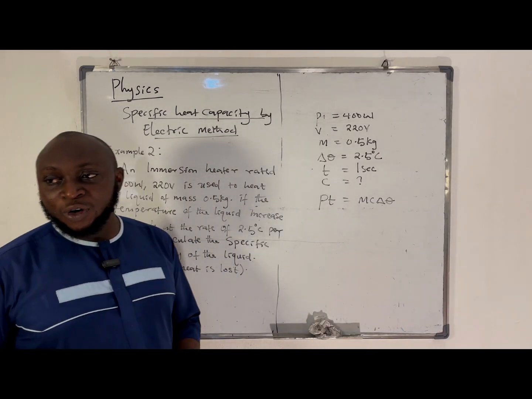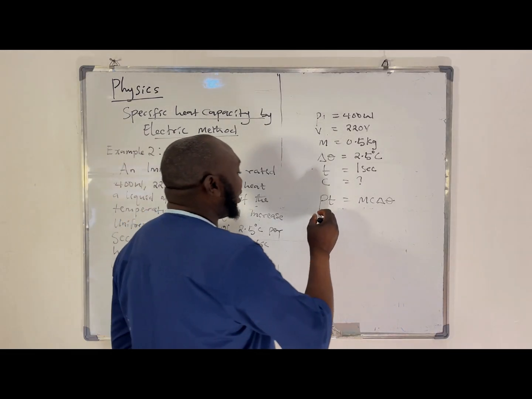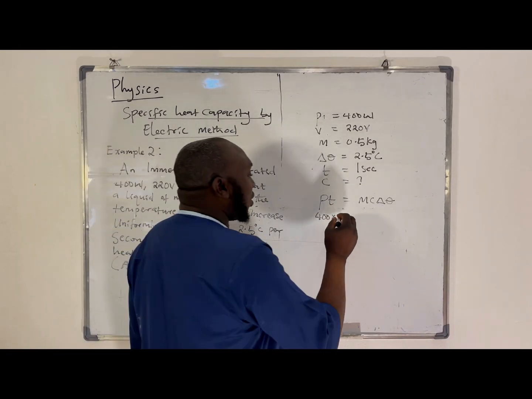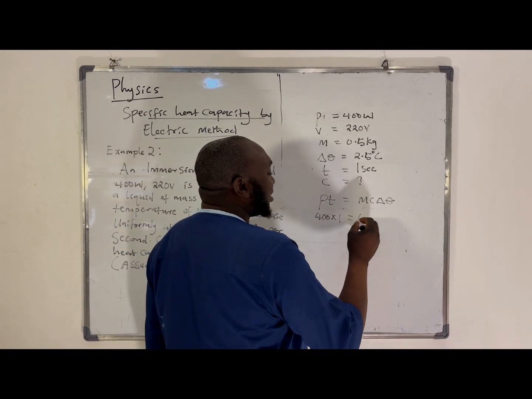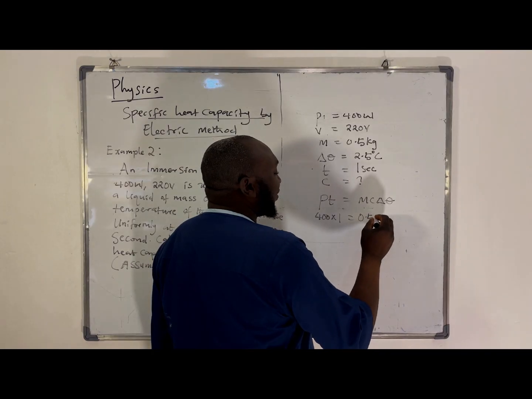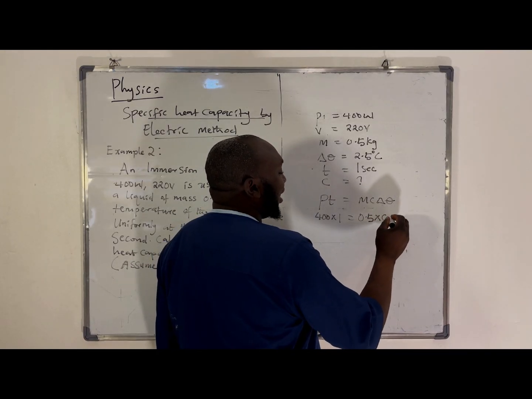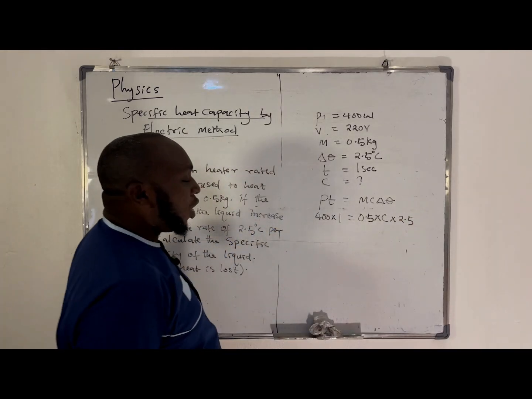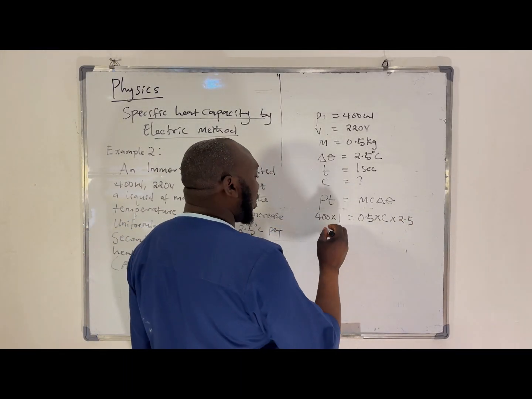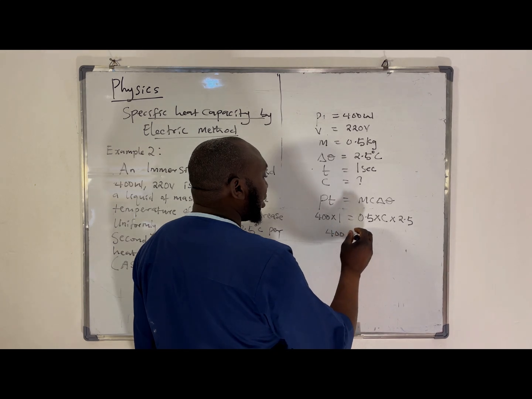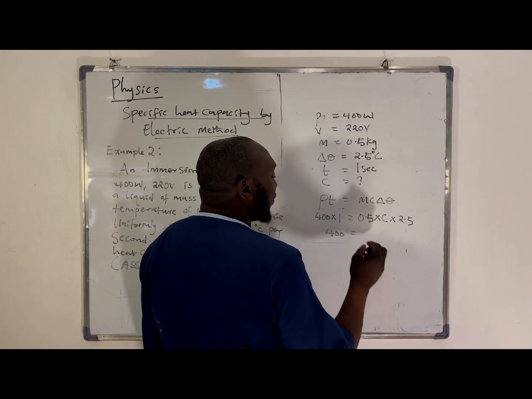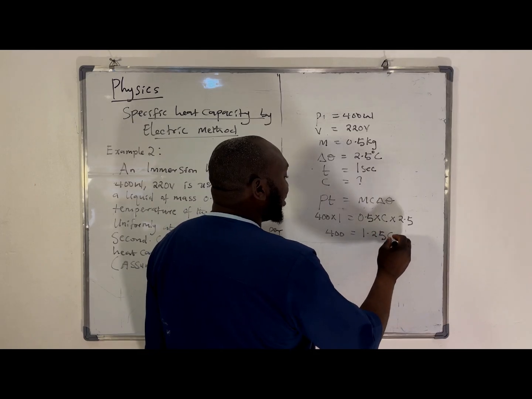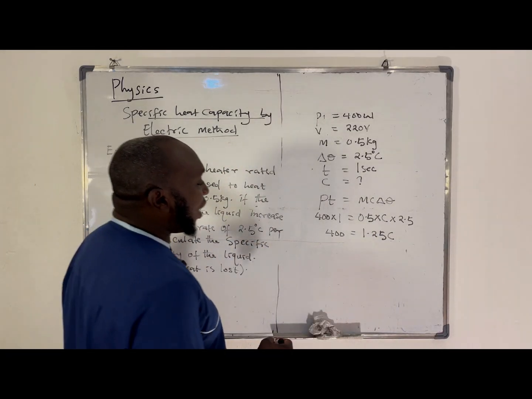We know what P stands for, power, which is 400, times the time, 1 second, equals mass 0.5, times specific heat capacity, which we don't know, times the change in temperature, 2.5. 400 times 1 is 400. 0.5 times 2.5 is 1.25.